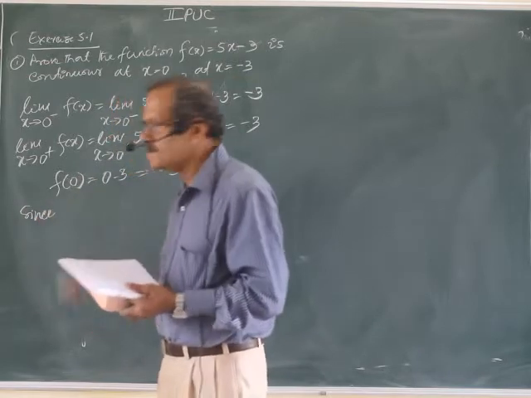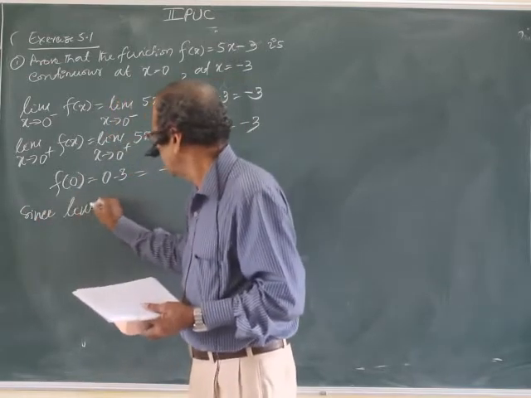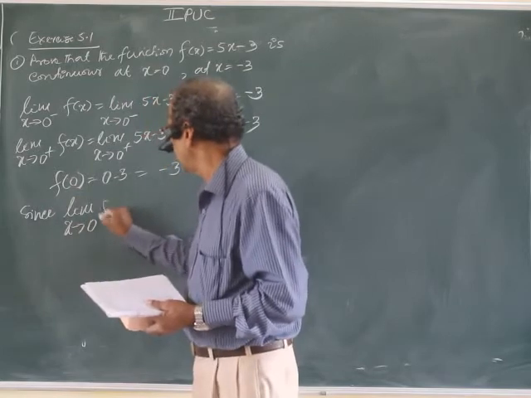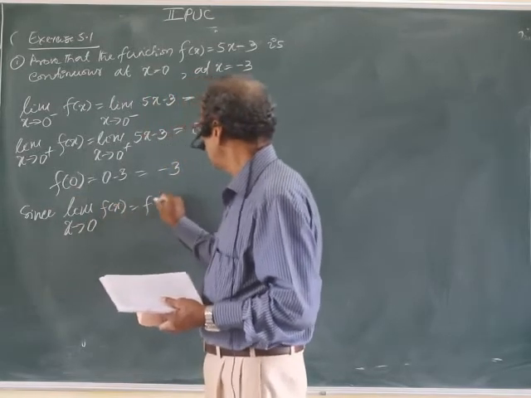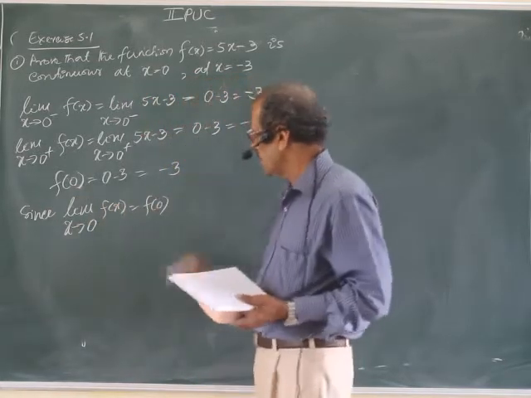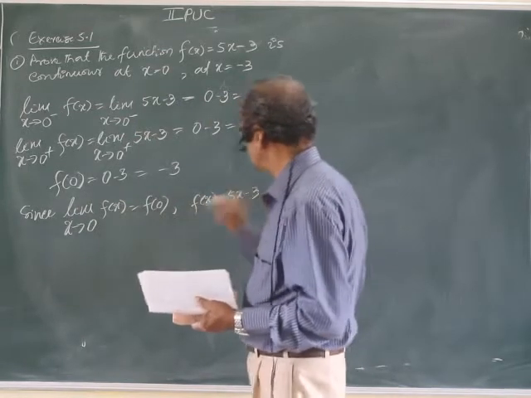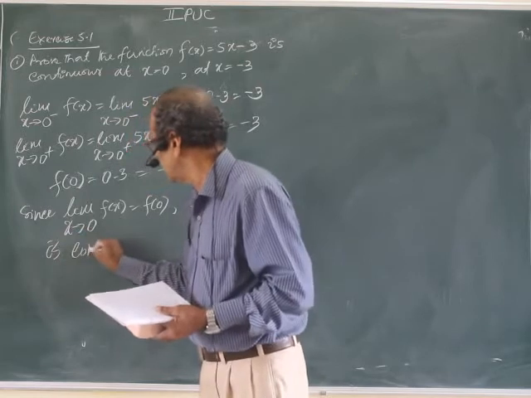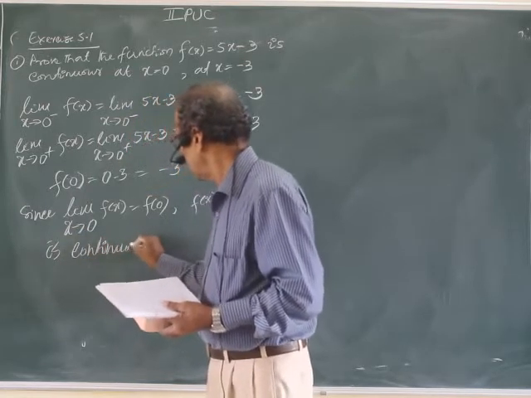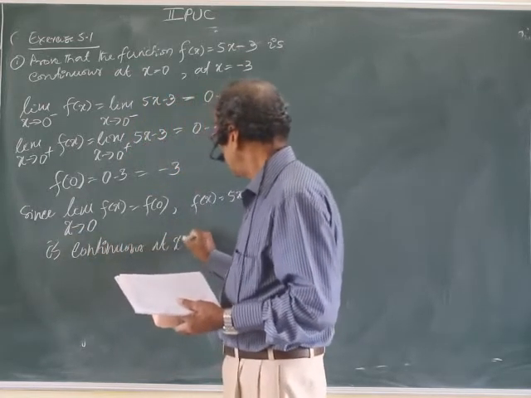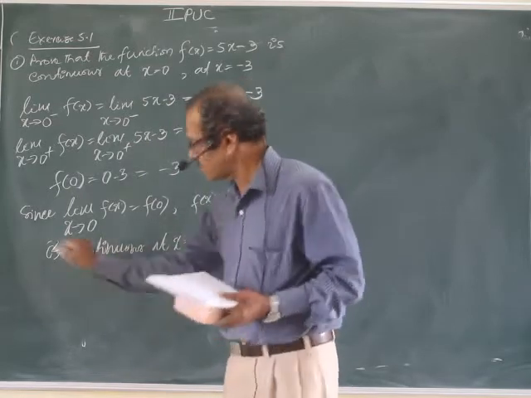Since limit x tending to 0 f of x equals f of 0, f of x equal to 5x minus 3 is continuous at x equal to 0.